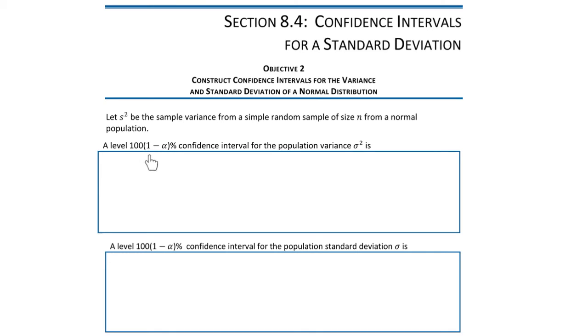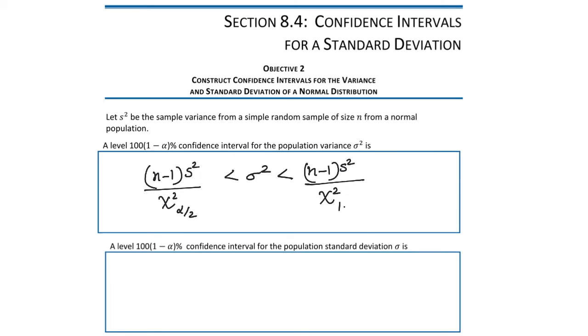The level 100 times 1 minus alpha percent confidence interval for the population variance sigma square is between n minus 1 S square divided by chi square alpha over 2 and n minus 1 S square divided by chi square 1 minus alpha over 2. And for the confidence interval for the population standard deviation sigma, so sigma is between, take the square root of each one.